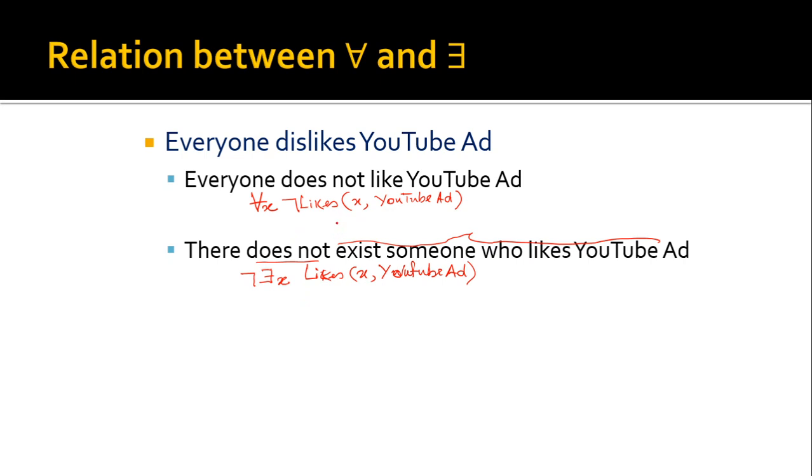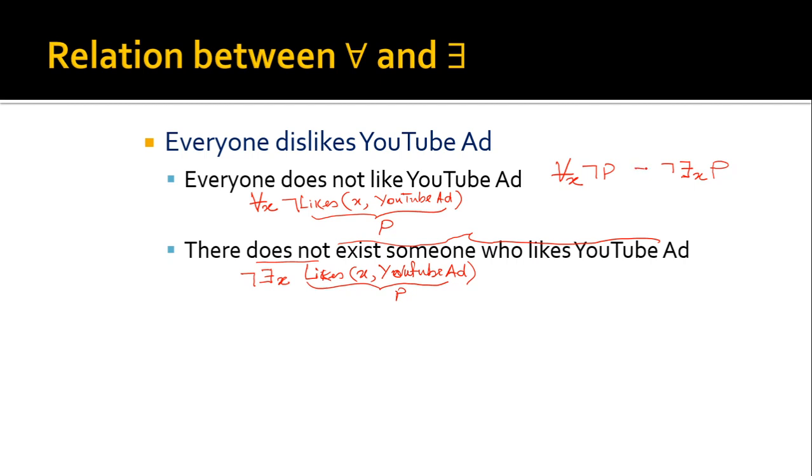Now you take this likes predicate to be P. So this predicate is your P. So what is it coming to be? For all x not of P, and this is coming out to be not of there exists x P. And we know that they are saying the same thing, so they should be equivalent.